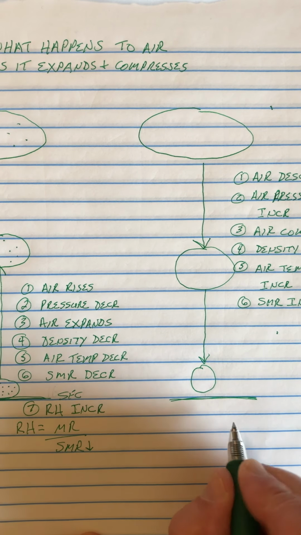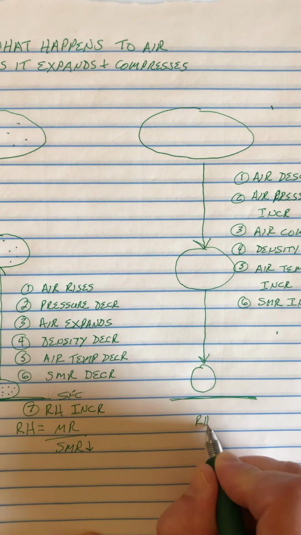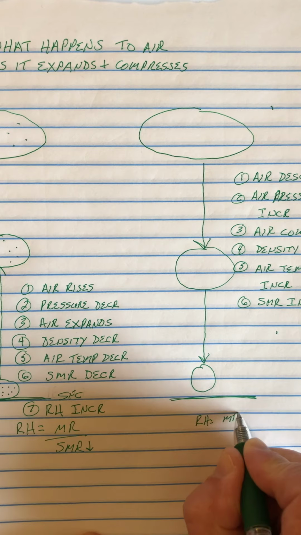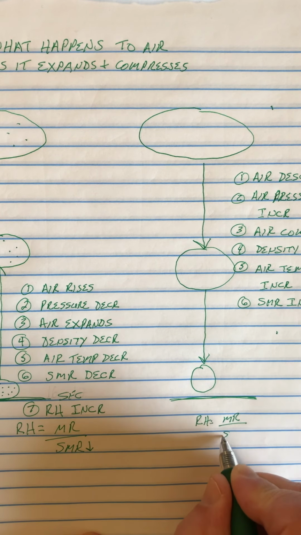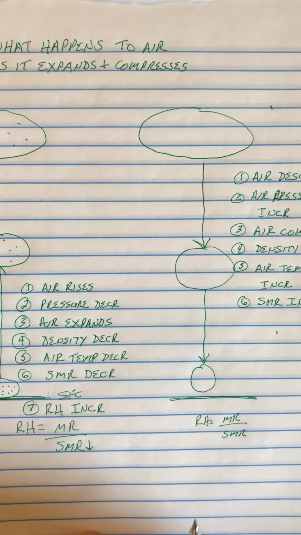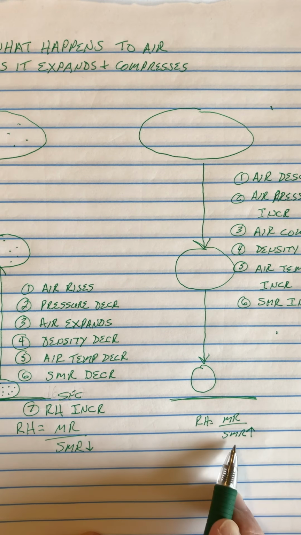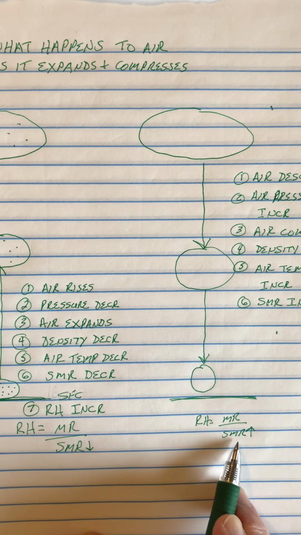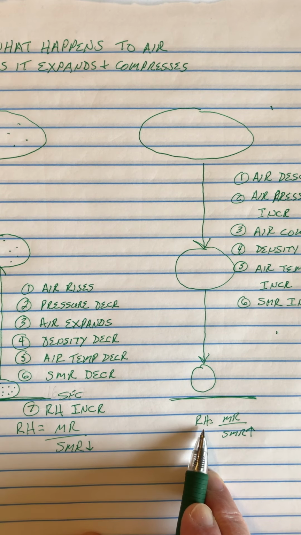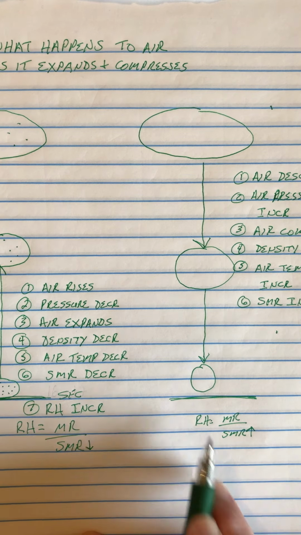Getting back to our saturation mixing ratio increasing because the air temperature is increasing, remember our equation for relative humidity: mixing ratio divided by the saturation mixing ratio. If the saturation mixing ratio is increasing, and that's the denominator of our equation, then our overall number, the relative humidity, is decreasing.